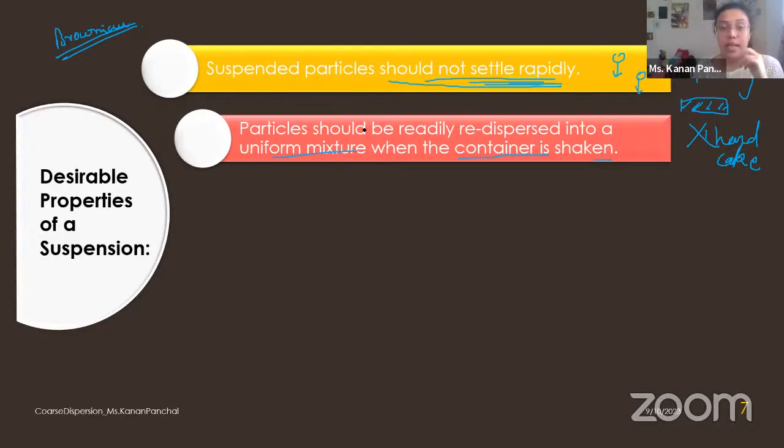And redisperse भी कैसे होना चाहिए? Uniform होना चाहिए. So every time you take out the dose, you have same amount of particles or same amount of suspended matter coming out. If it's not uniformly dispersed, तो only the supernatant will come out. Drug उधर का उधर रहेगा. तो कभी you will get 5 mg of drug, कभी you will get 10 mg. All right. So this is a very important point.